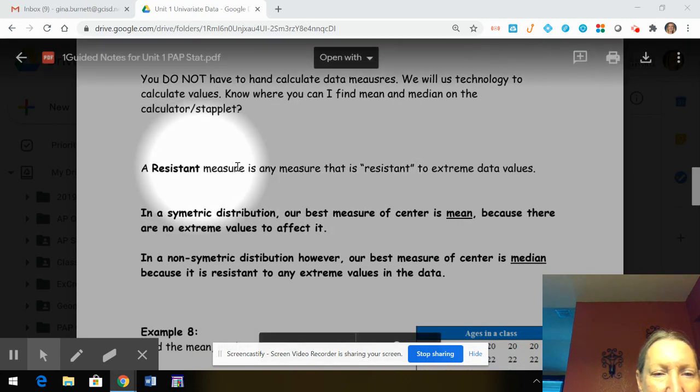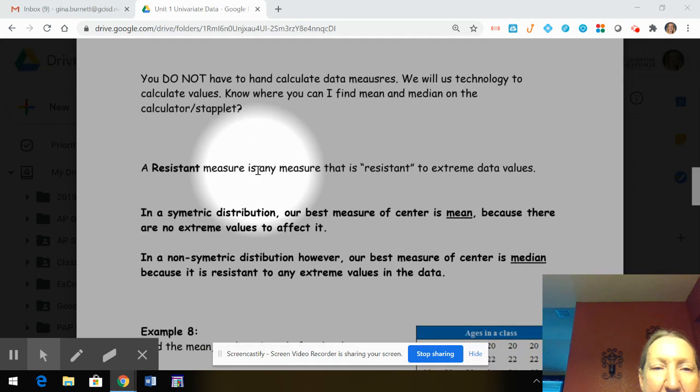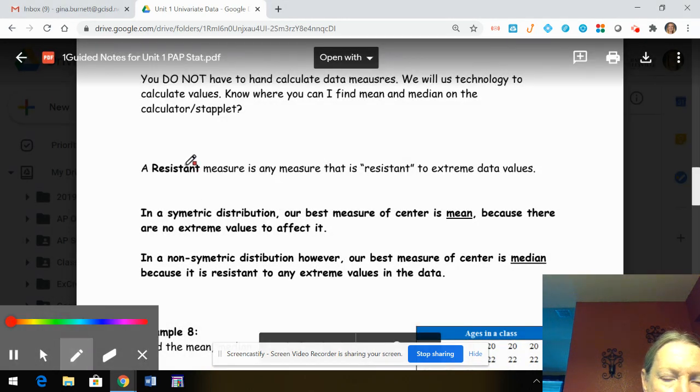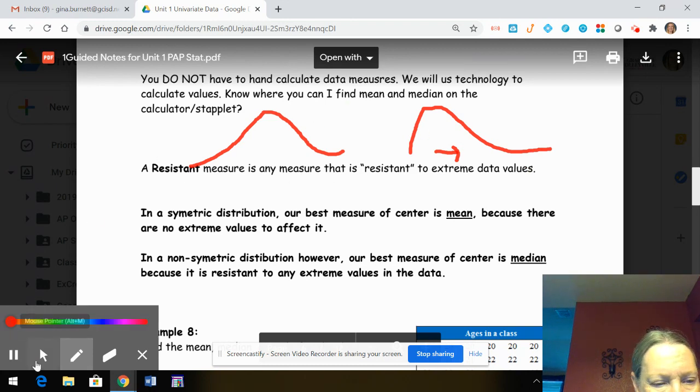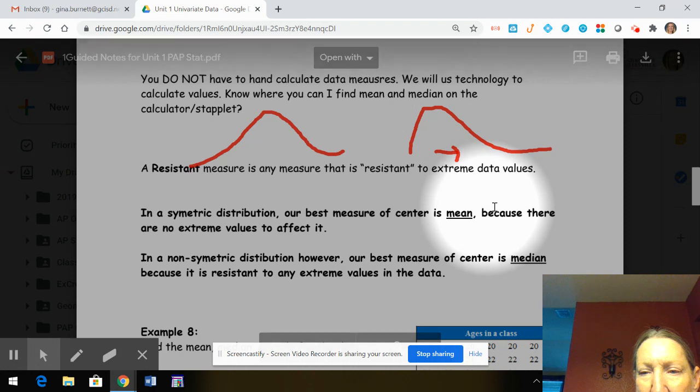So the idea of resistance: if I have a distribution that is fairly symmetric, then that means that my mean is a really good representation of where the center is. But I have a distribution that's skewed way off to one side. This extreme value right here is going to have a big tug-of-war effect on the mean. It's going to pull the mean in its direction and pull it off center. So if I have a distribution that's not symmetric, then I'm more interested in the median.